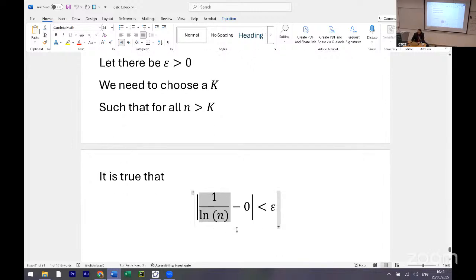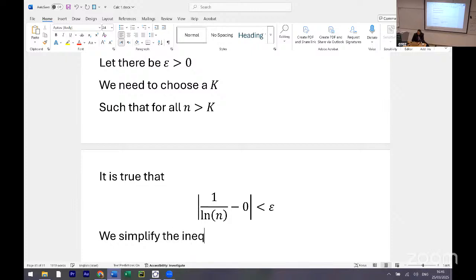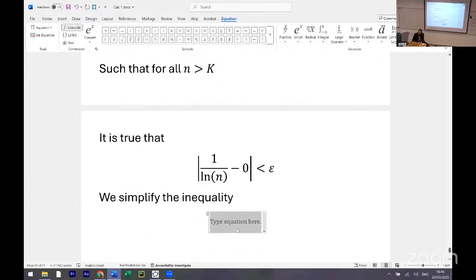So again, let us simplify the inequality. And again, we omit: ln of n is positive after 1. No, after 3 actually. So 1 over ln n should be smaller than epsilon.